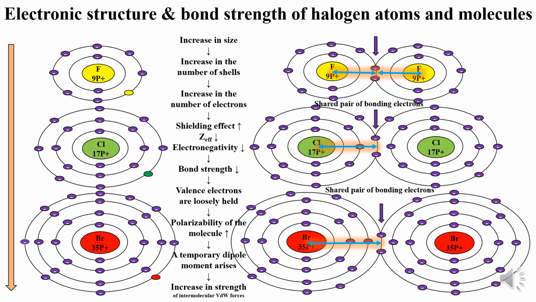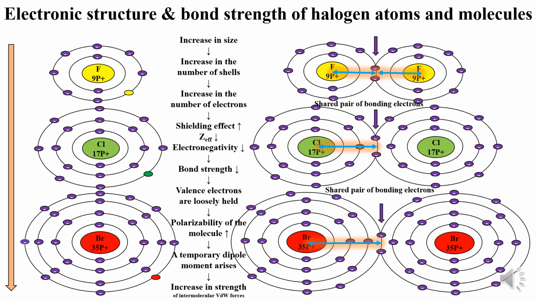Now with the increase in size of the halogen atom, there is an increase in the internuclear distance. So you'll find an increase in the internuclear distance, as well as an increase in the distance between the nuclear protons and the shared pair of bonding electrons.